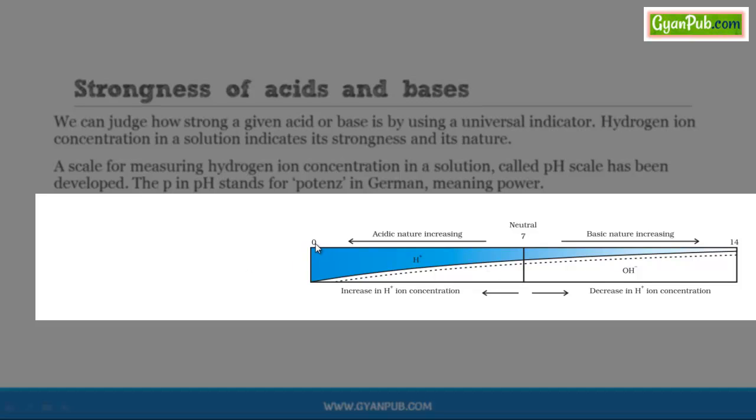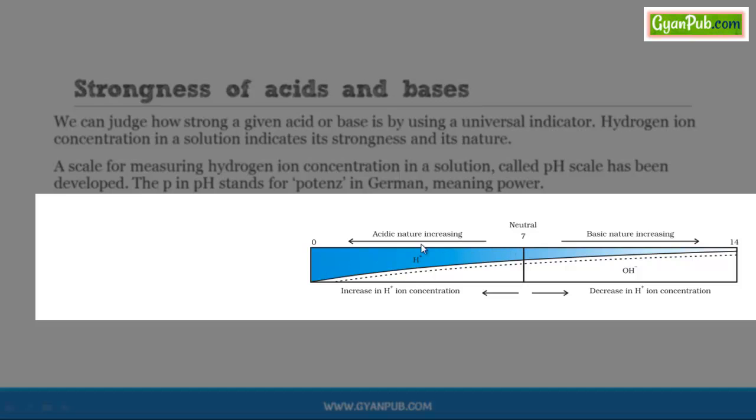If any substance's pH value lies between 0 and 7, then it is said to be acidic, and if the pH value lies between 7 and 14, then it is said to be basic. From 7 to 0, the H+ ion concentration is increasing, so the acidic nature of the substance is increasing. The strength of an acid also increases with the increase in H+ ions.